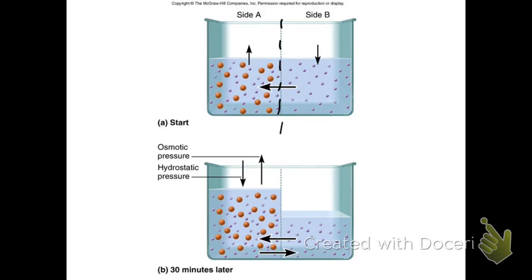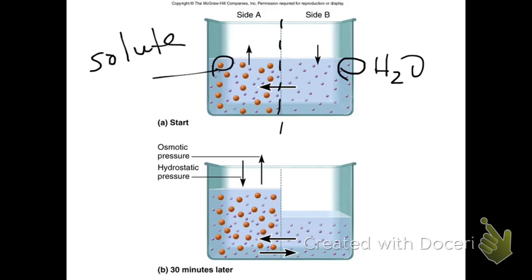So these small little bluish spheres are water, and these orange spheres would be some sort of solute. What's important again is that this membrane is not permeable to the solute, but it is permeable to water.